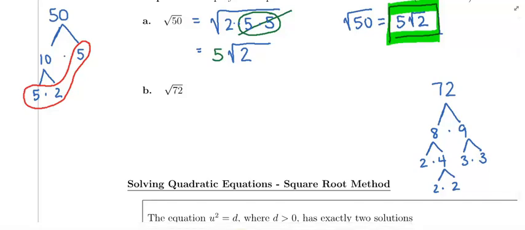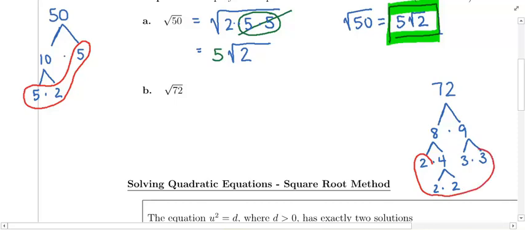Technically I should have checked the 2 times 2 down here, but each of those numbers is just going to break down into 2 times 1. So we're done. We're going to circle the numbers at the ends of the branches. If we multiply these numbers together, we should get 72. 2 times 2 is 4, times 2 is 8, times 3 is 24, times 3 is 72.